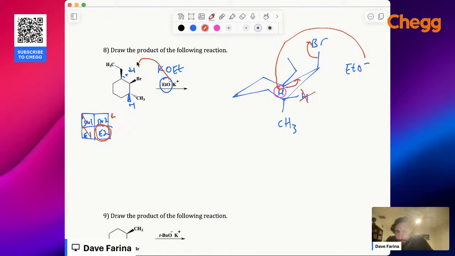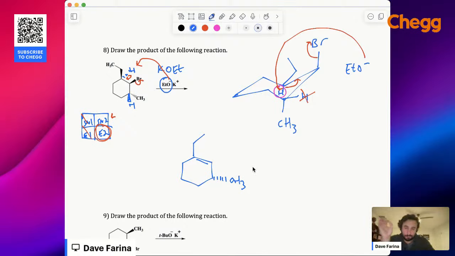We're going to get this proton, we'll get the pi bond there, and then this will leave. So we will get the ethyl group there, and then this methyl group will still be on the dash bond because no chemistry has occurred here.